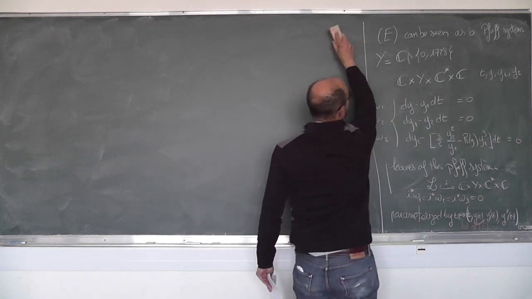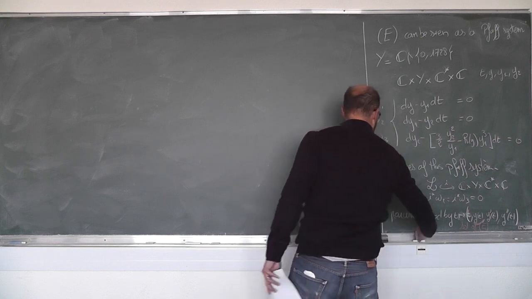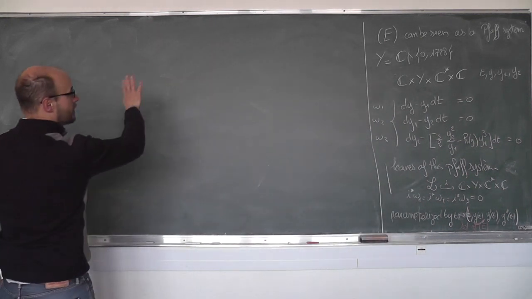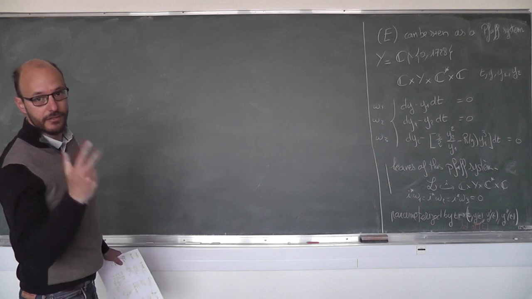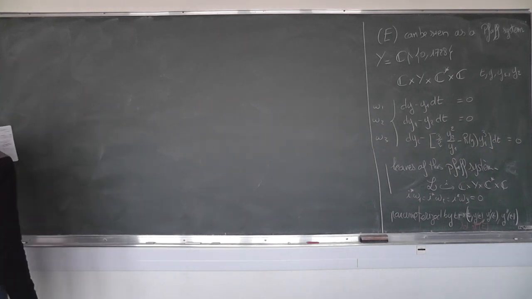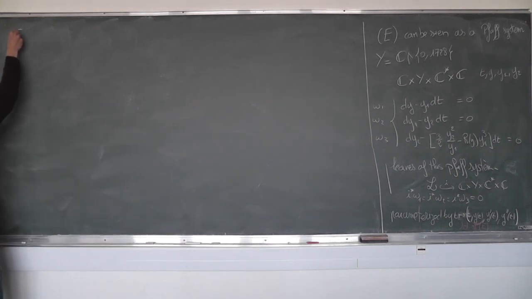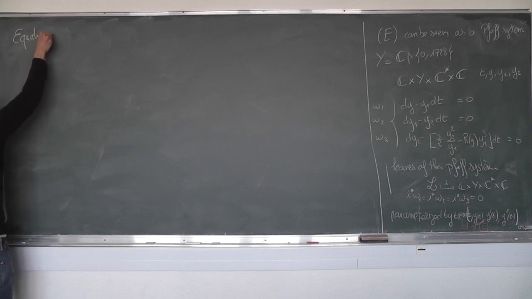We will go to the linear system in 3 steps, so there will be 3 columns here. On the first line of the column, I will give the equation.